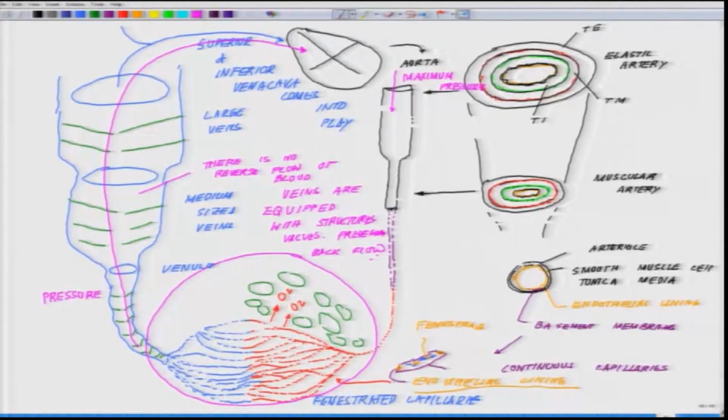Okay. So this is the overall architectural difference you will be observing.